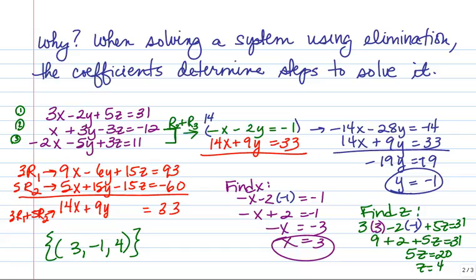Since it's the numbers that really make a difference, we form what's called an augmented matrix. The augmented matrix picks off all of the coefficients of the variables plus what the right-hand side of the equation is. So for that particular system, let me write it here again.